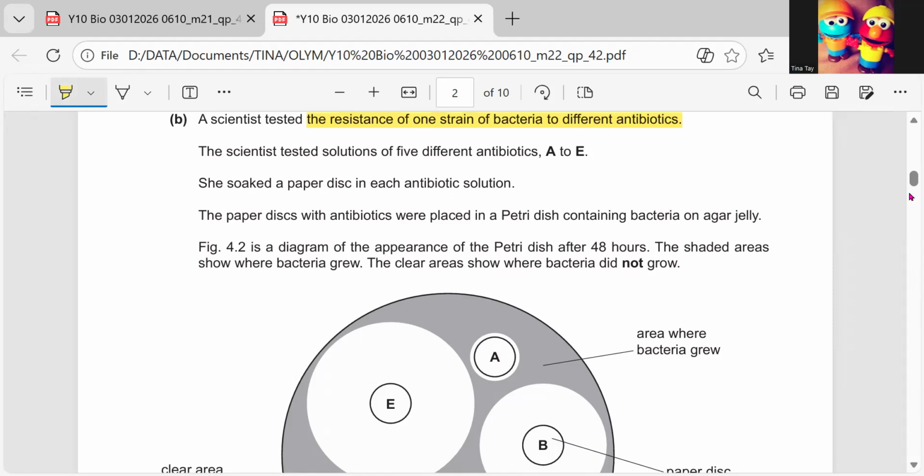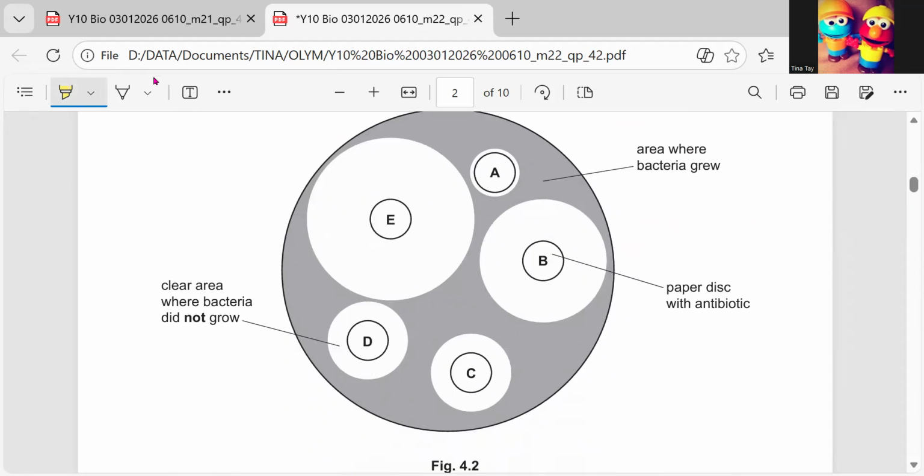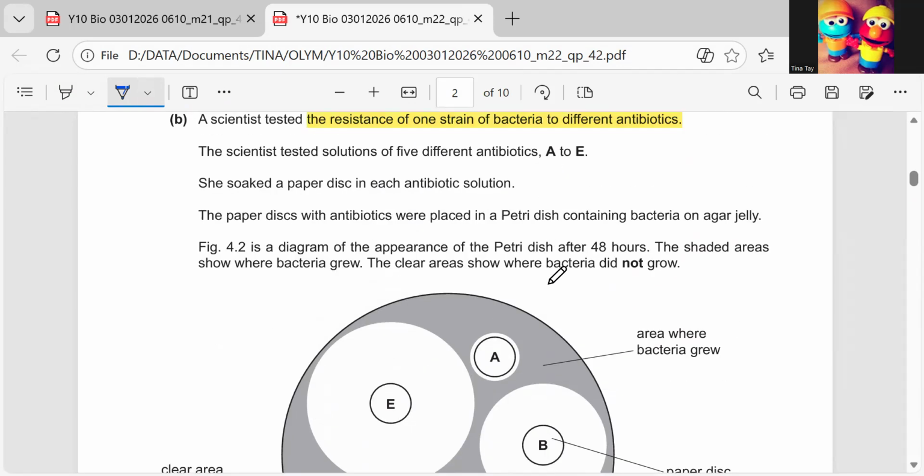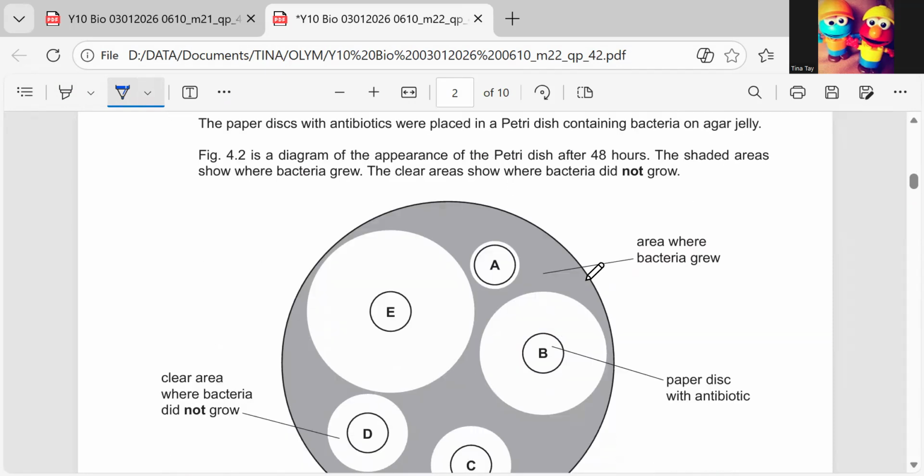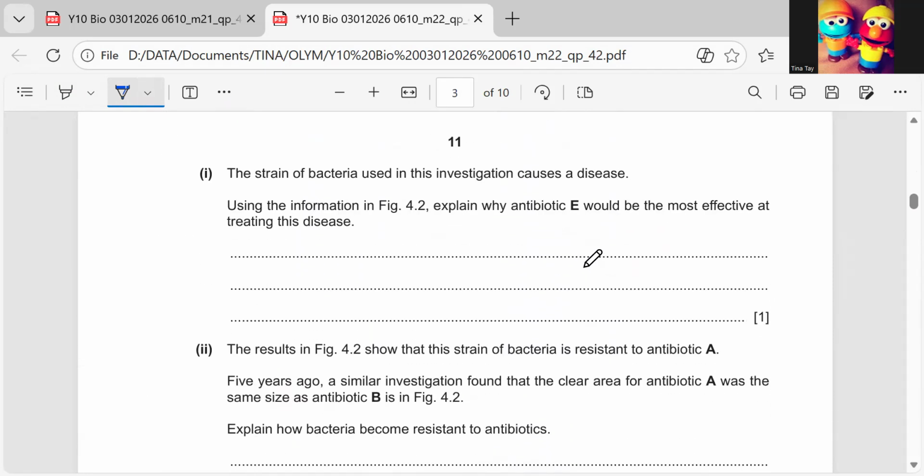So you soak the disc in antibiotics. Who acted the best? The E. Because bacteria don't dare to grow here. So E is the best. The strain of bacteria used in investigating causes of disease.